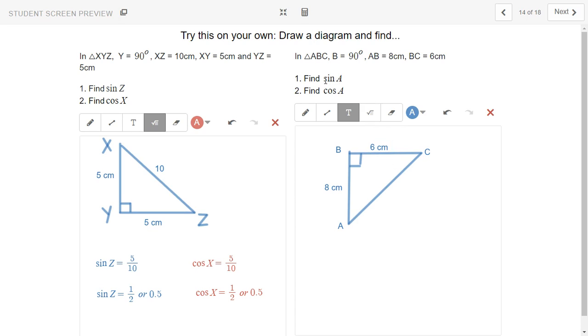Now, for us to find sine A and cosine A, we need to have the hypotenuse as well. So let's use Pythagorean relation to help us find side AC. We have 6 squared plus 8 squared is equal to AC squared. So 36 plus 64 is equal to AC squared.